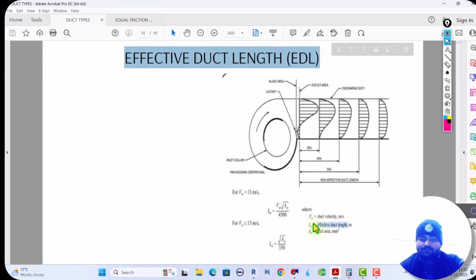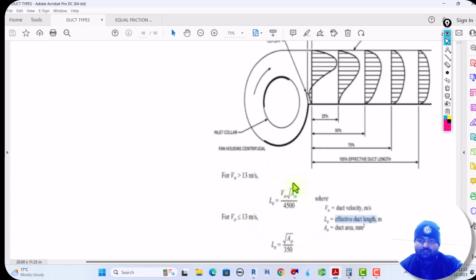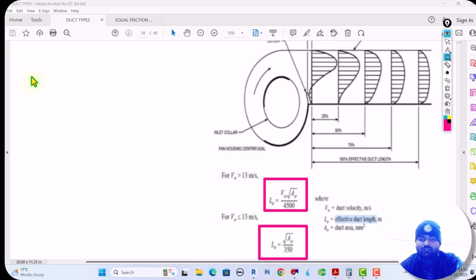Okay, see, for 100% effective duct length, if the velocity is greater than 30 meters per second, then this formula I have to use. Okay, and when velocity is less than or equal to 13 meters per second, then this formula I have to use.